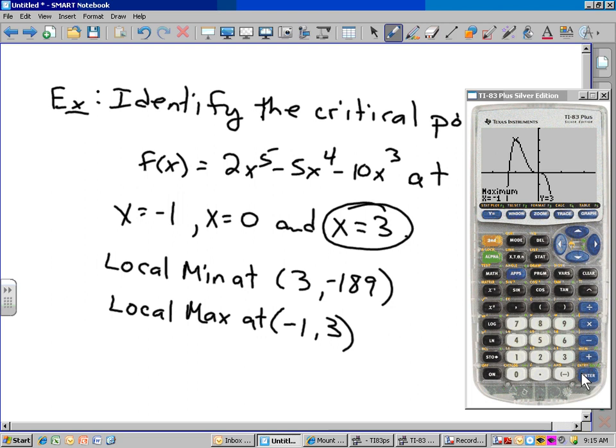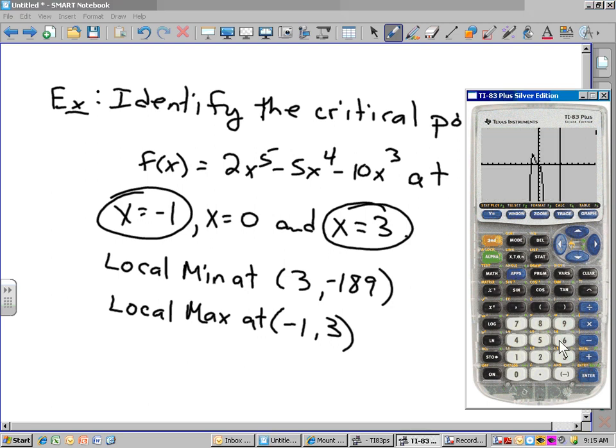All right, there's our -1. So we know what's happening at 3. We know what's happening at -1. Why is it local? Even though we can't see it, if we go back to a zoom 6, we have part of the graph over here that is going up forever. So it'll be going higher than that maximum point, so it's not absolute.